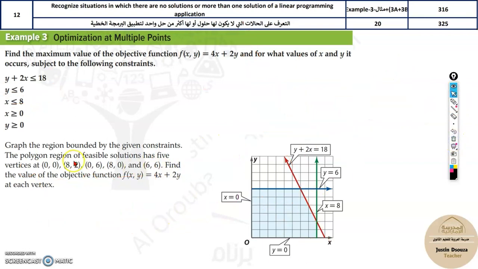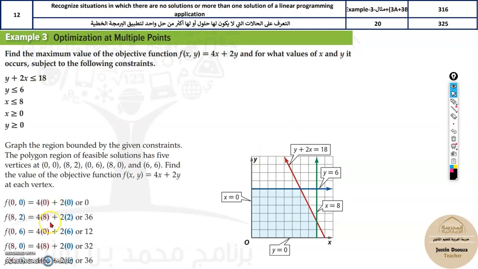Now once you know all the endpoints over here, just put the x and y values in this equation and find which is the maximum value. So what you do is, this is the x value, right? Put x as 0 and y as 0 and solve. The answer is 0. Next, put x as 8: 4 into 8 plus y is 2, so 2 into 2, and solve it.